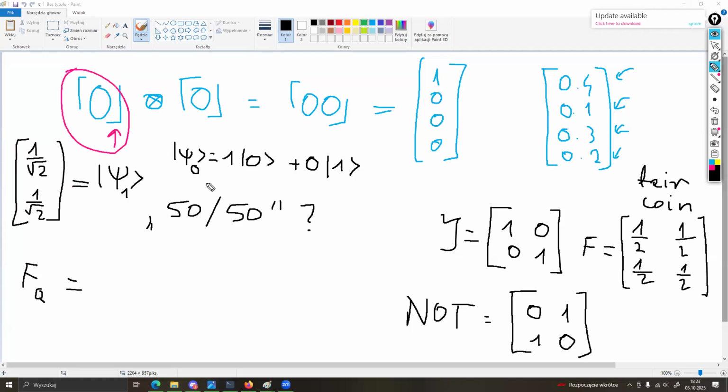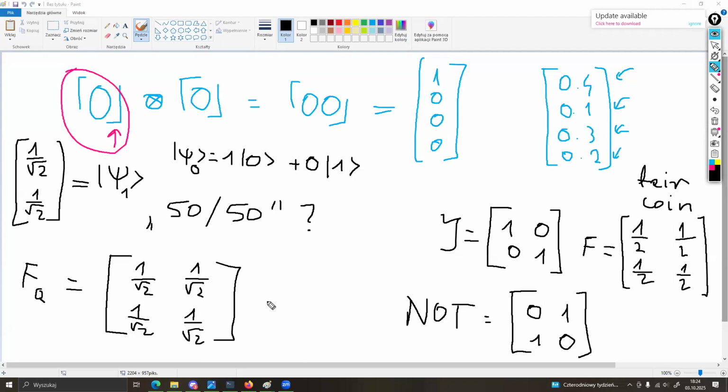So this is Xi0, and this is Xi1. What we do to end up in this state is use a matrix that would be filled with 1 over square root of 2, if we want to have an equal chance of having either state 0 or state 1. So we could start with something like this as our answer, and this would be very, very close to our answer.